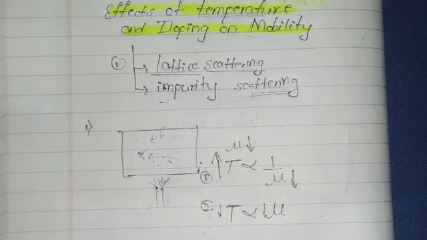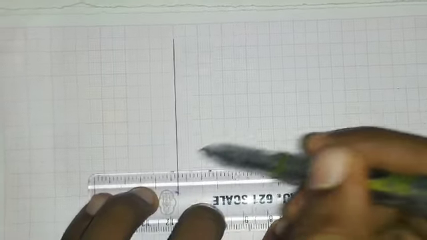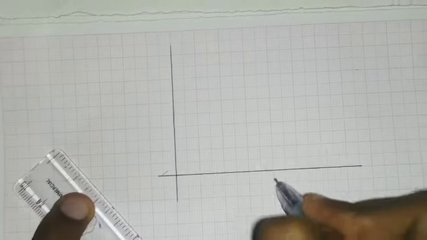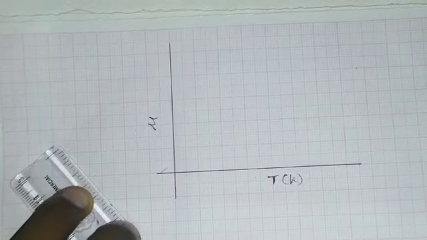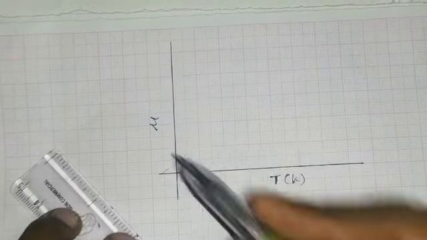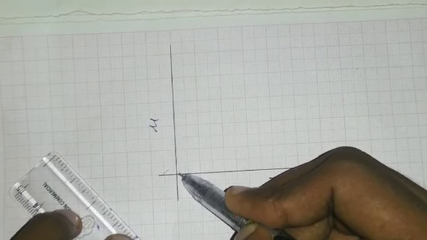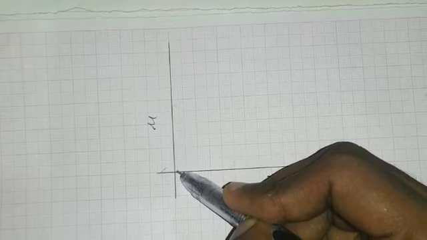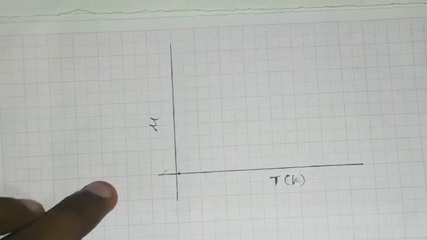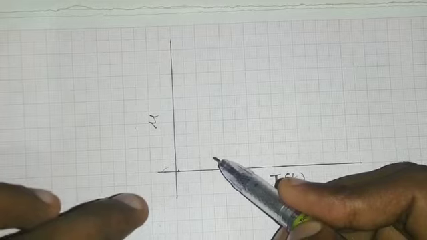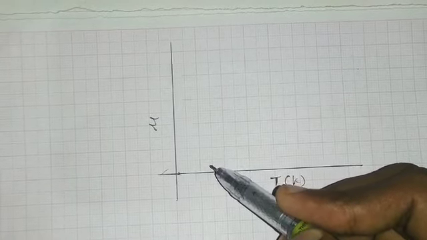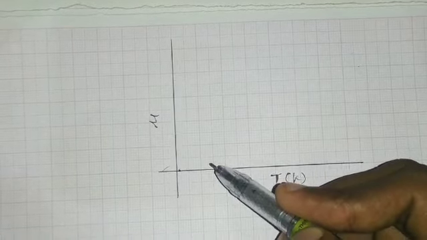Now let's draw the graph. If we draw the graph of the temperature versus the mobility, this is my temperature and this is my mobility. It comes like this for impurity scattering. I told that in impurity scattering, the mobility is directly proportional to the temperature.